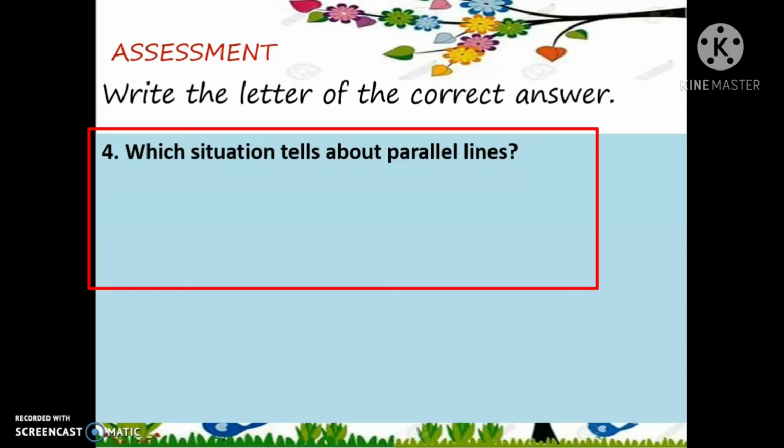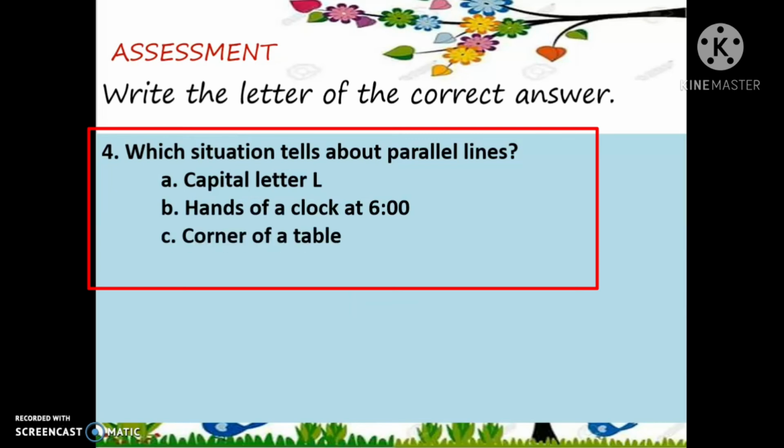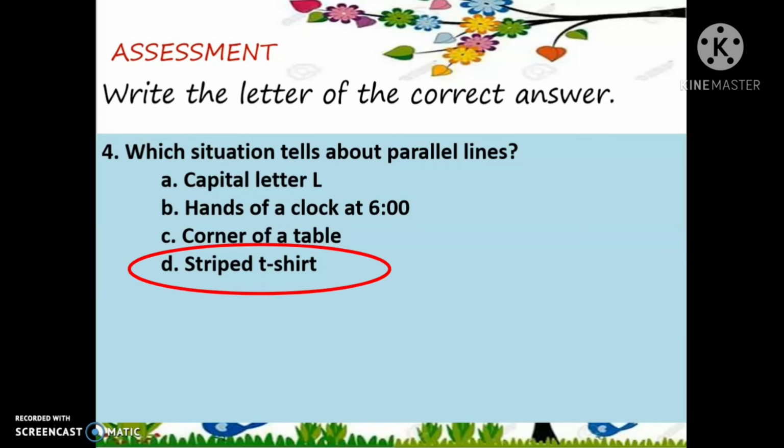Number 4, which situation tells about parallel lines? Letter A, capital letter L. Letter B, hands of a clock at 6. Letter C, corner of a table. Letter D, striped t-shirt. Okay, the answer is letter D.